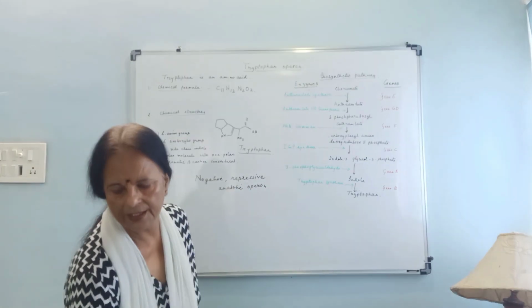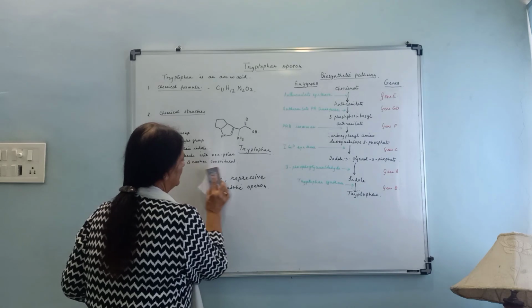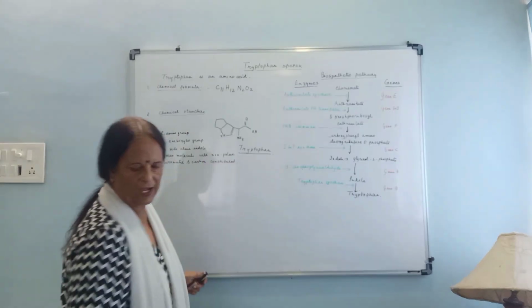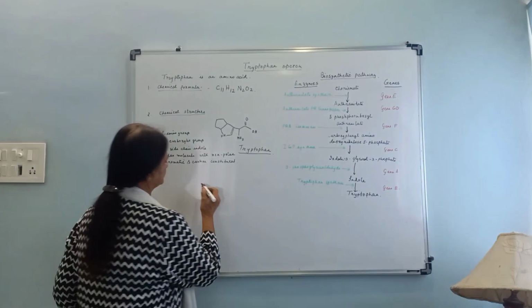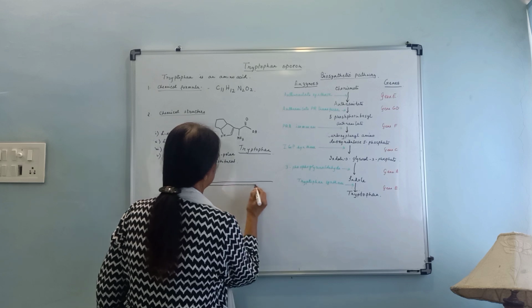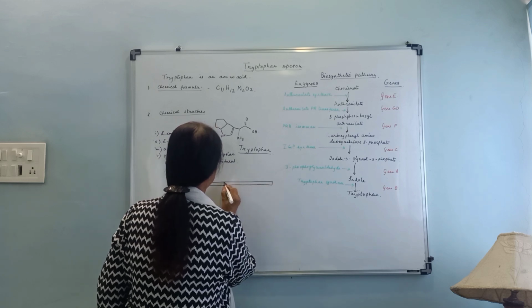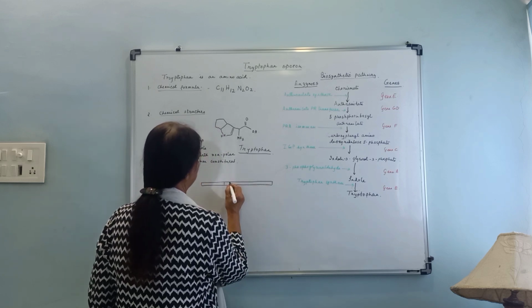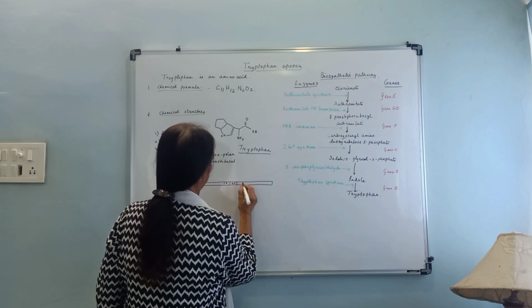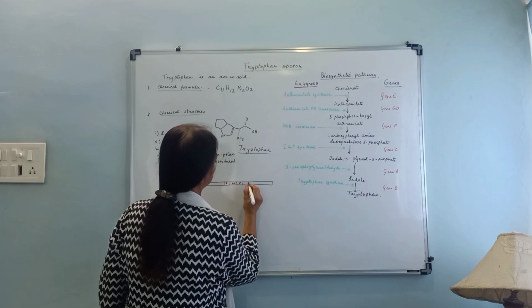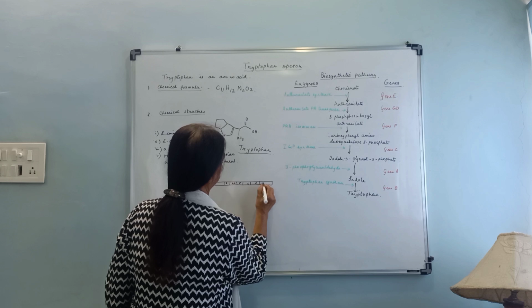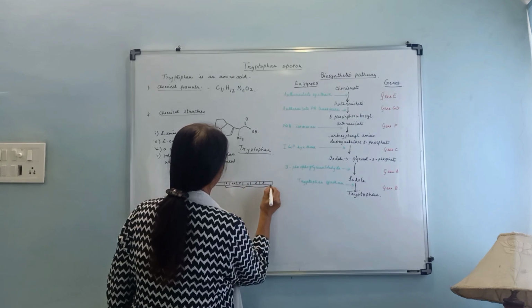Now, when there is a low level of tryptophan in the medium, these are the structural genes: E, G, D, F, C, A and B. This is the operon.